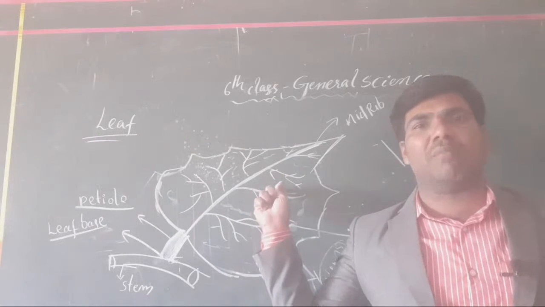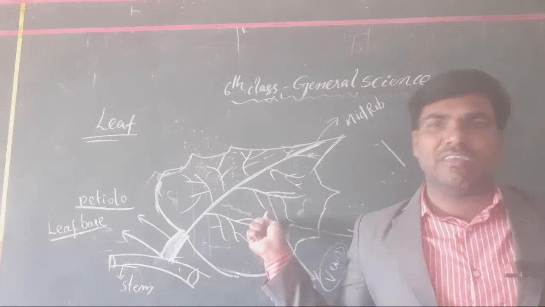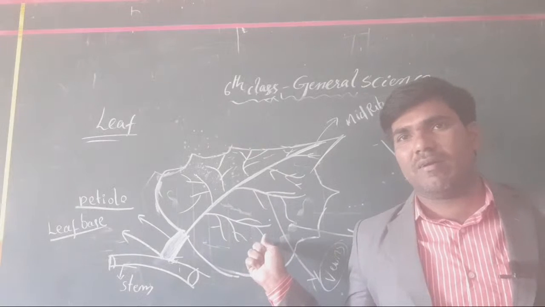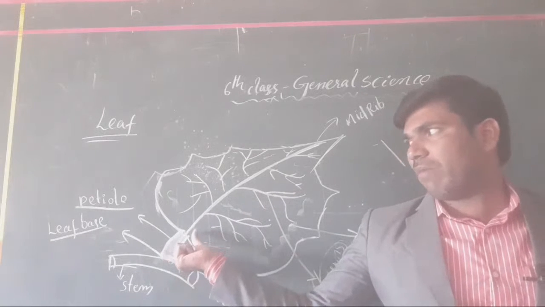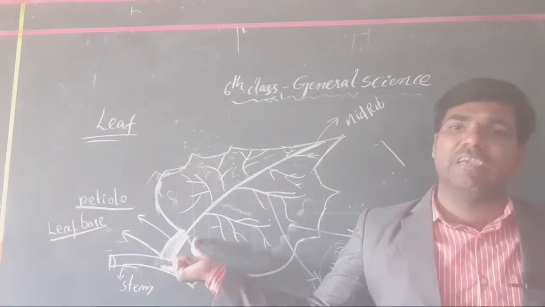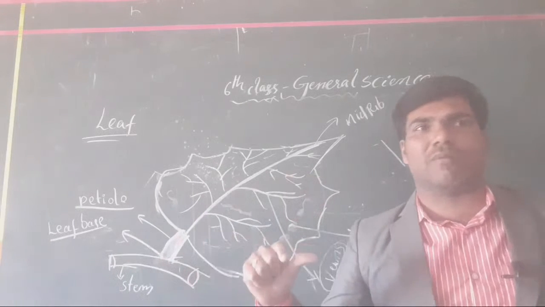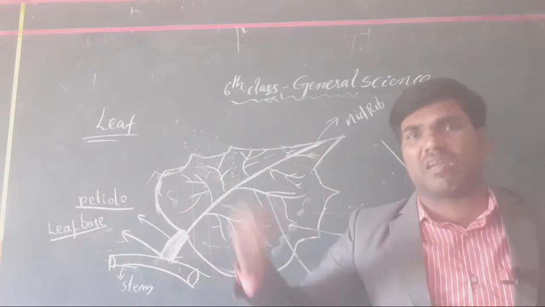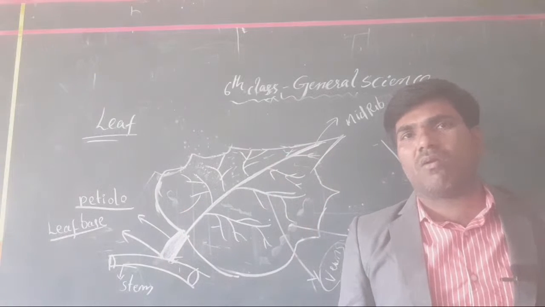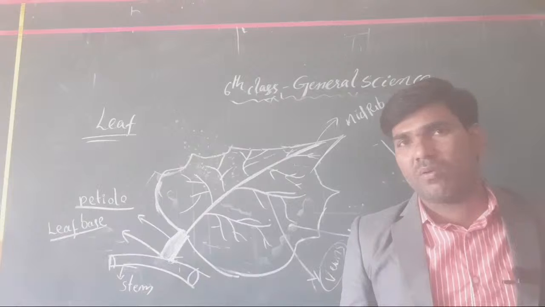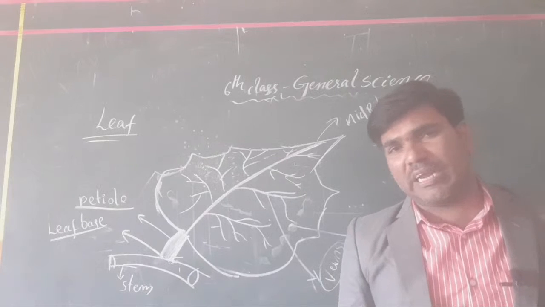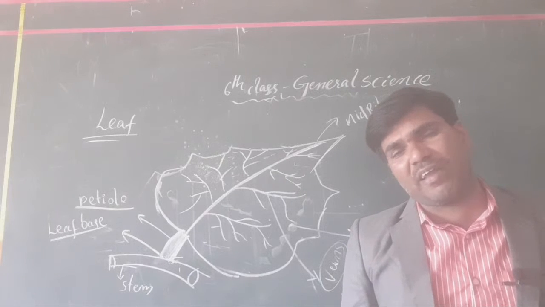The ribs are made different. Now the veins are also made different. Sometimes the petiole may be available or not, but the leaf is compulsory. It comes after the stem only. Sometimes the stems are not available. Clear or not, all the students? Suppose sugarcane, does it contain leaves or not?